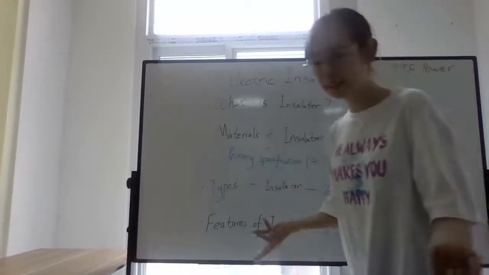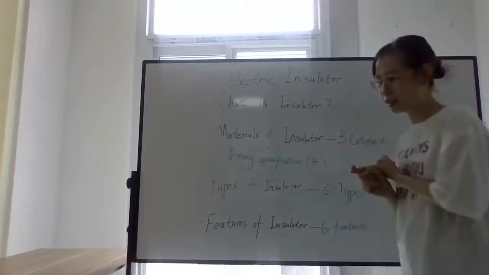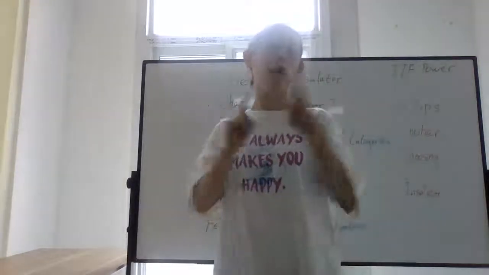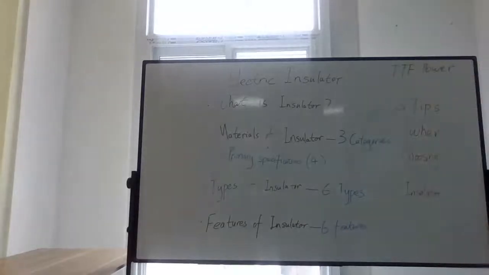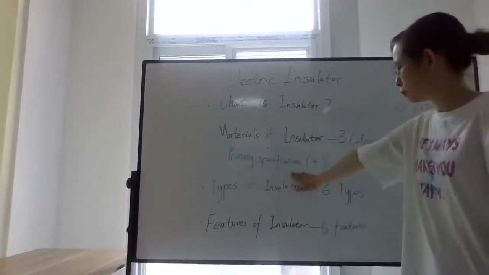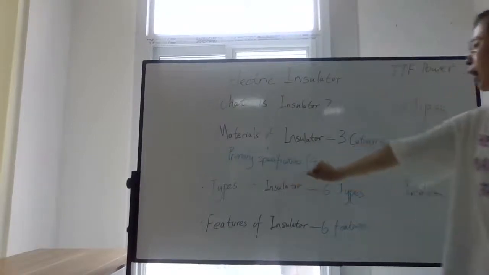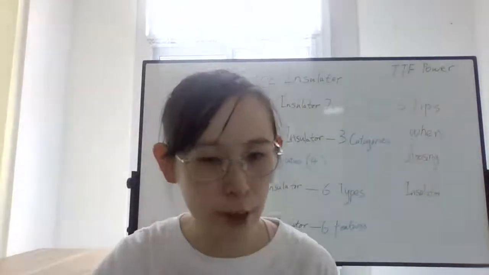What are they? There are porcelain insulators, glass insulators, and polymer insulators. Then I talk about four primary specifications of the insulator. Right? What are they? Let's have a look.